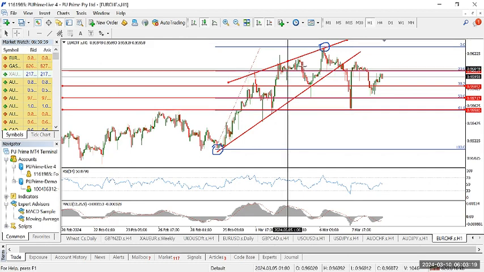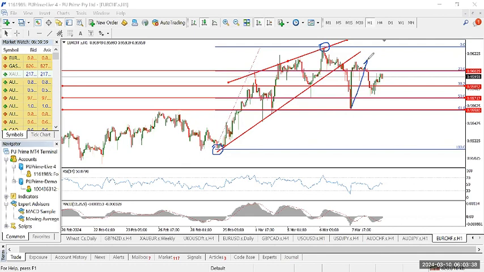And we can clearly see again that price hit Fibonacci 38.2 at 18 pips, Fibonacci 50 at 31 pips, and Fibonacci 61.8 at 46 pips. And once price hit Fibonacci 61.8, there was a reversal.